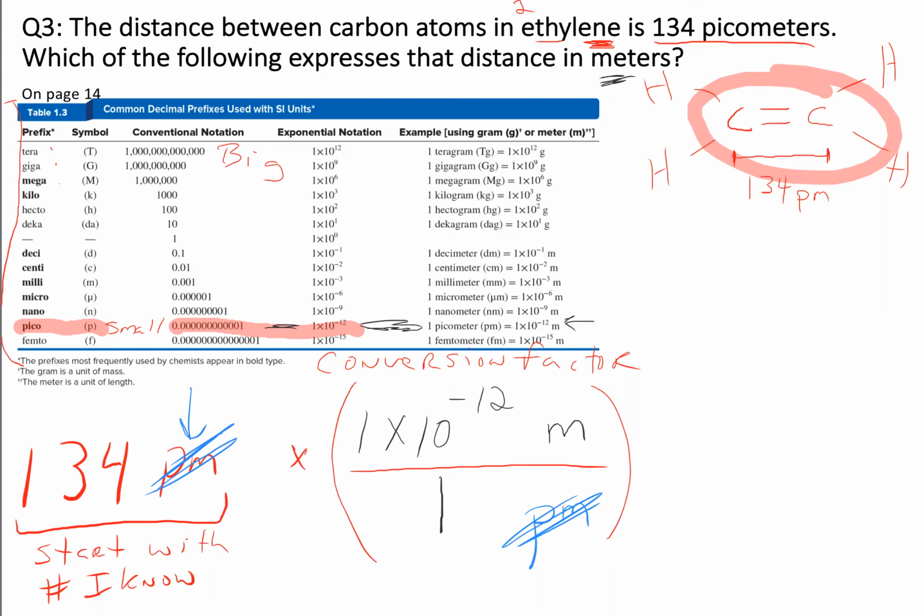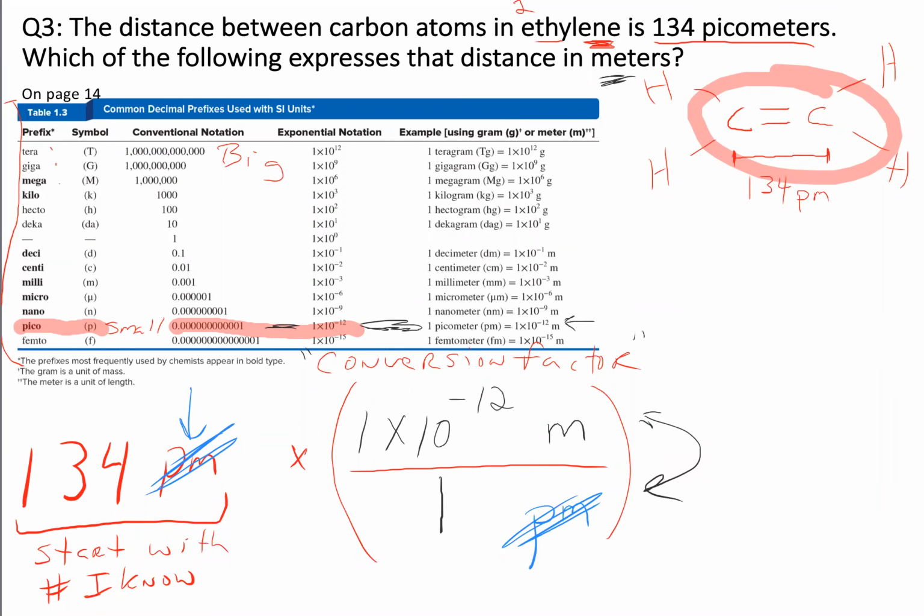So then what does this conversion factor become? Well, the conversion factor, this fraction, I like to say, are two quantities which are physically equivalent, but just have different units. These two numbers are physically equivalent.